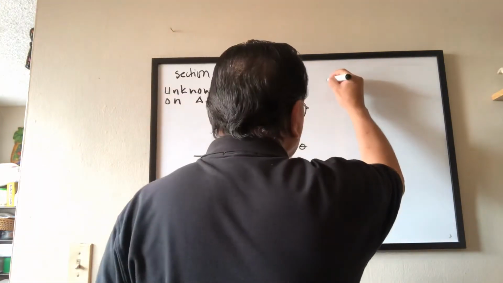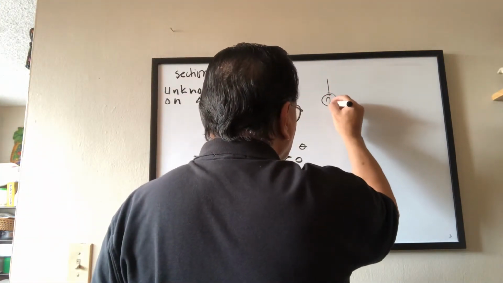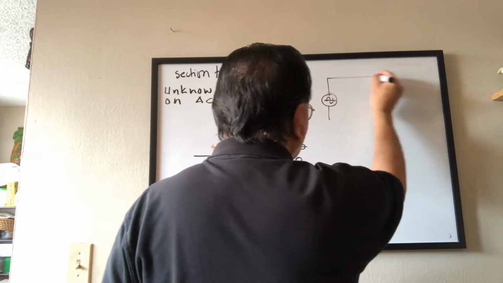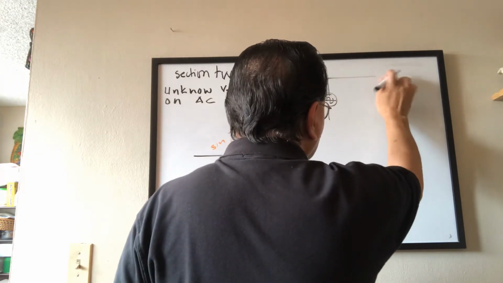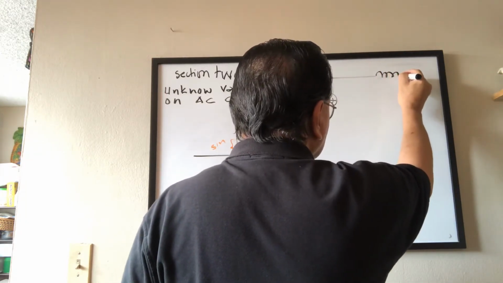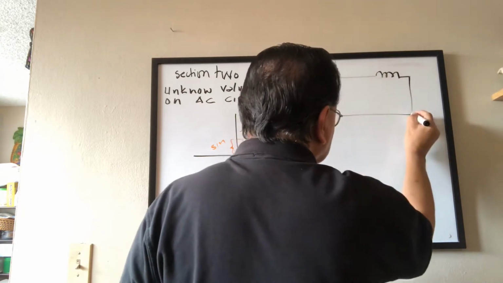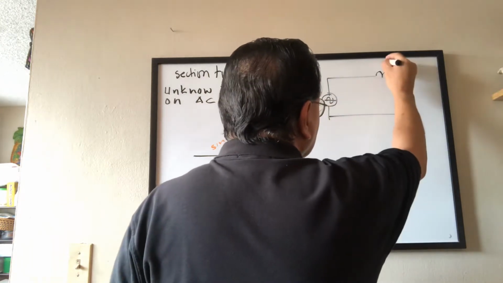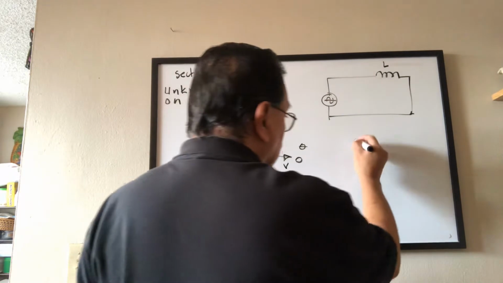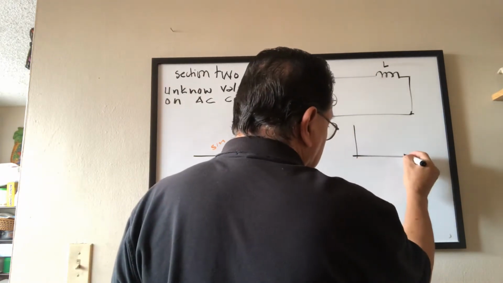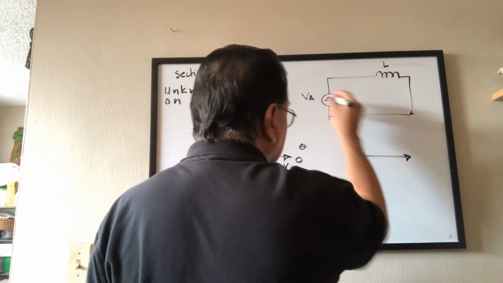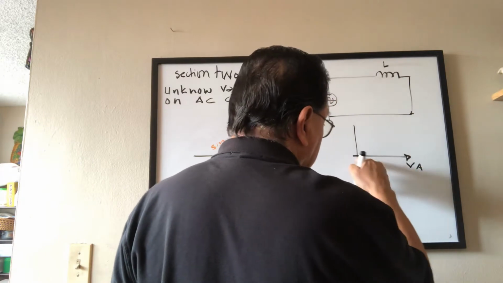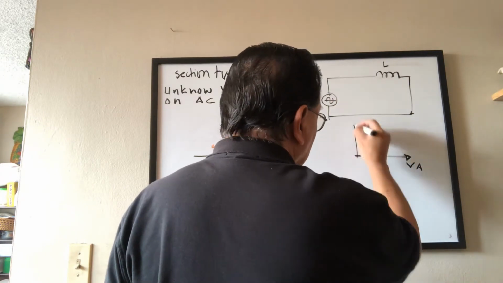So if we have the voltage applied to an inductance, represented by L, we can represent the source voltage VA as here.